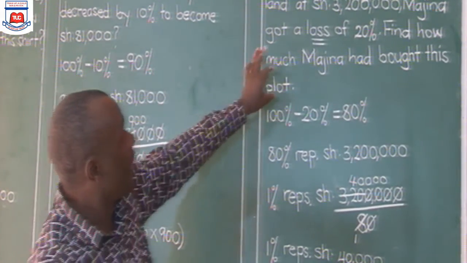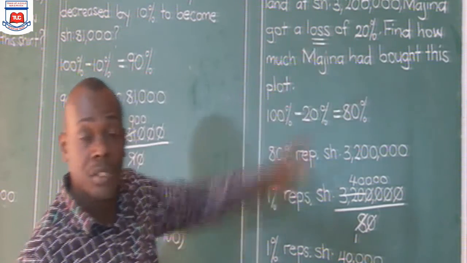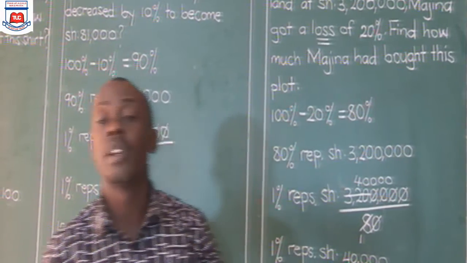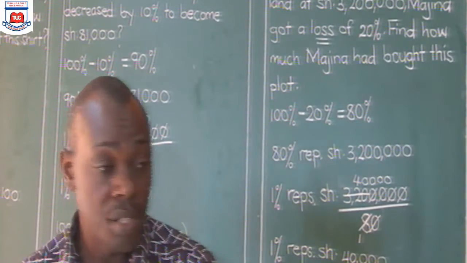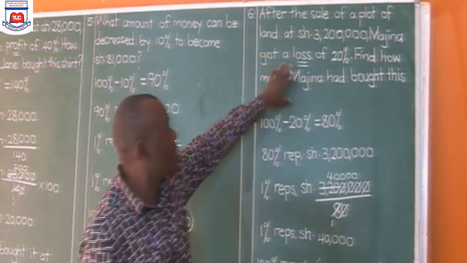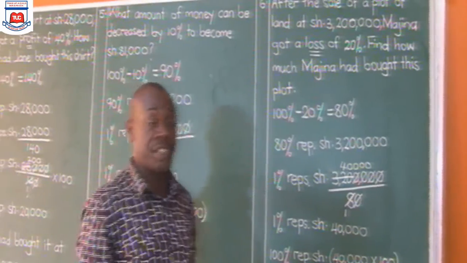But now you are not advised to actually sell at a loss. But today, somebody sold at a loss. A loss is a decrease on the buying price. Because of such a description, a loss or a percentage loss is applied like percentage decrease.